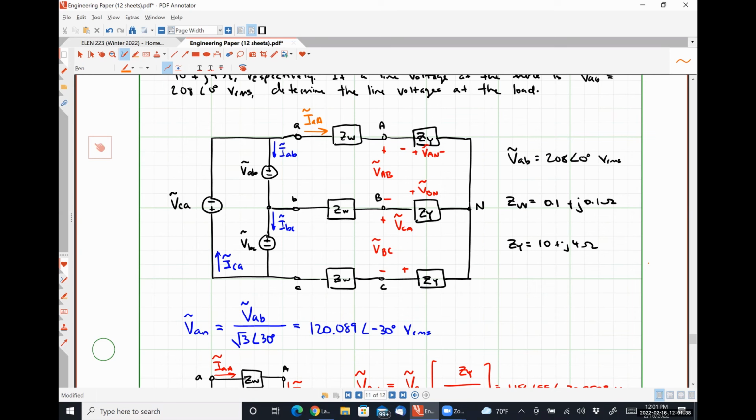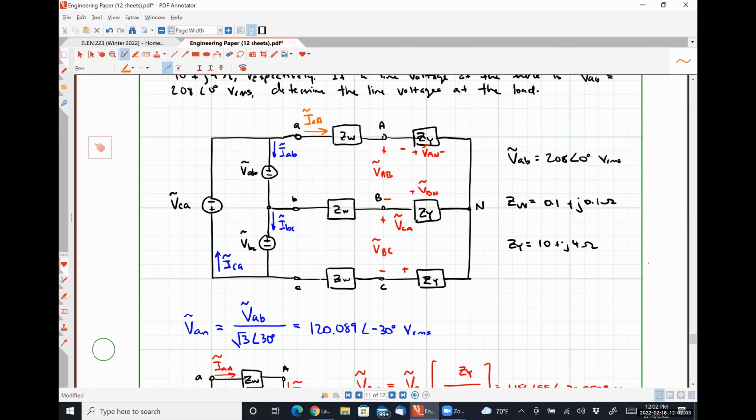KCL at that node, 100%. At this node right here, what's the current flowing out? IAA, our line current, and IAB, an unknown phase current. What's the current flowing in? ICA.